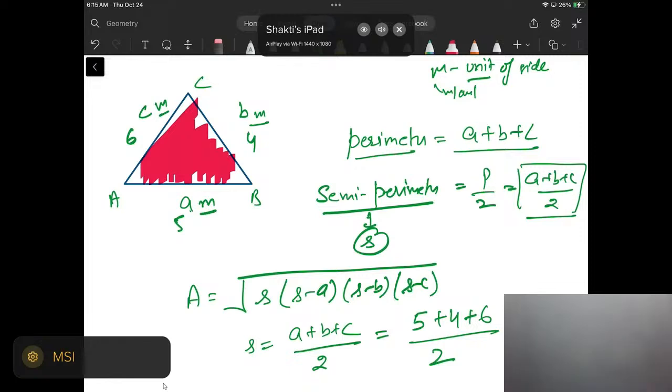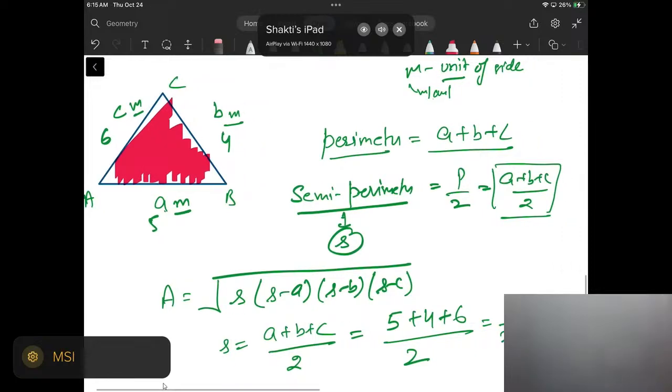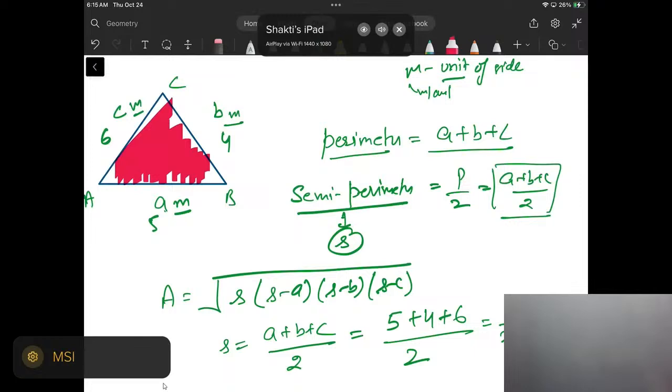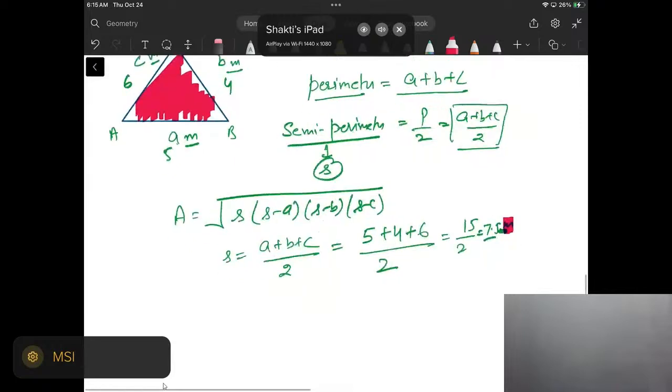I am computing the semi-perimeter and not doing any multiplication, so my unit will be in meters only. This unit is very important for explaining what we are doing.